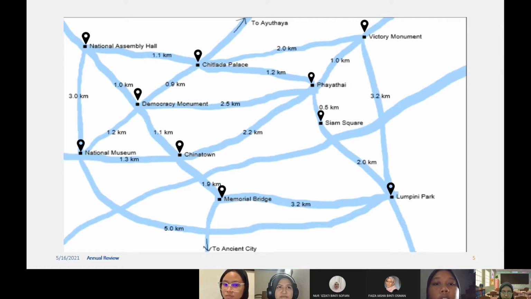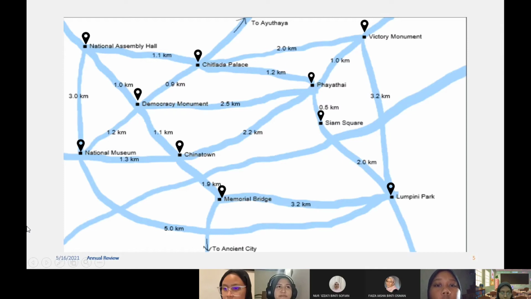The edges incident to Payatai are the edge to Victory Monument, which is 1.0 kilometer, Chilada Palace, which is 1.2 kilometer, Democracy Monument, which is 2.5 kilometer, and Chinatown, which is 2.2 kilometer.